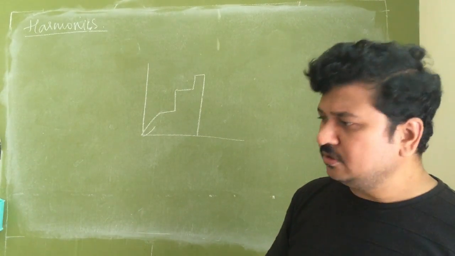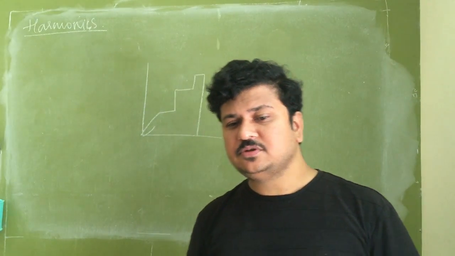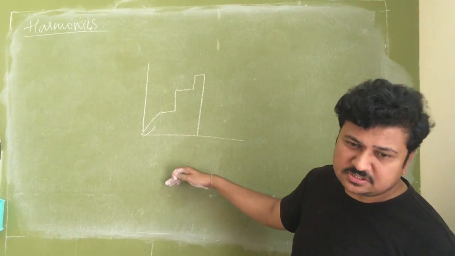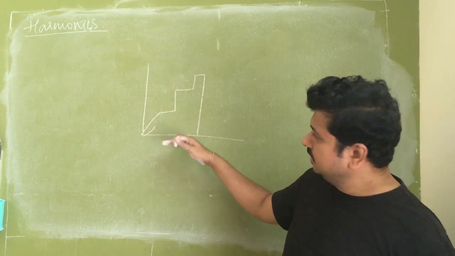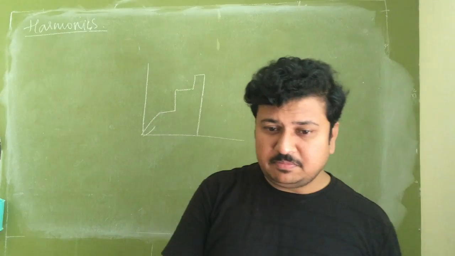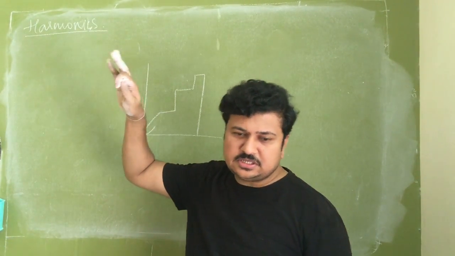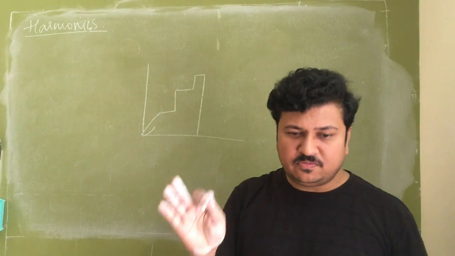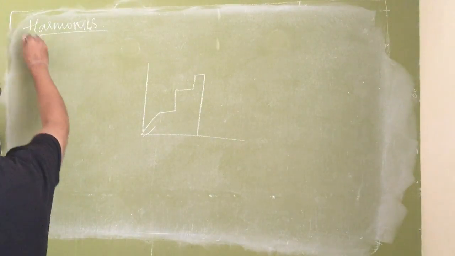Because for only those periodic waveforms, the components of those functions, whether odd or even, or if possible both, will resemble exactly the shape of the original signal or original function, which we call the fundamental function. So what are harmonics defined as?